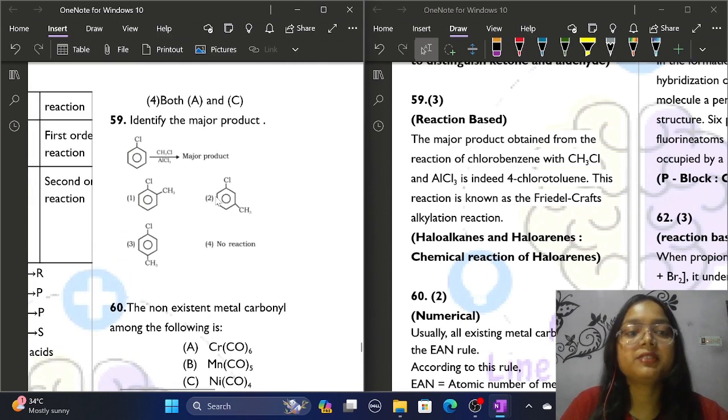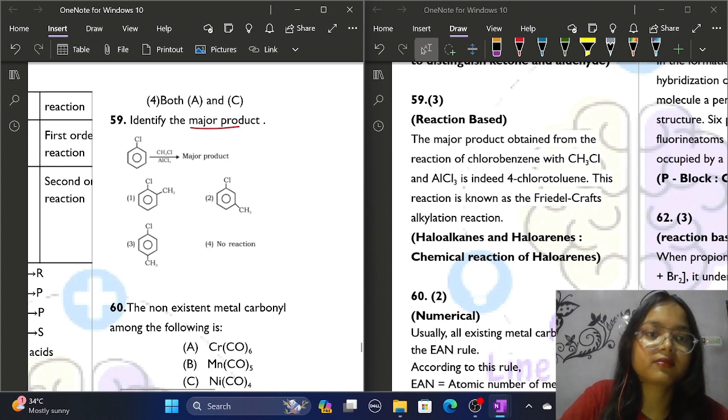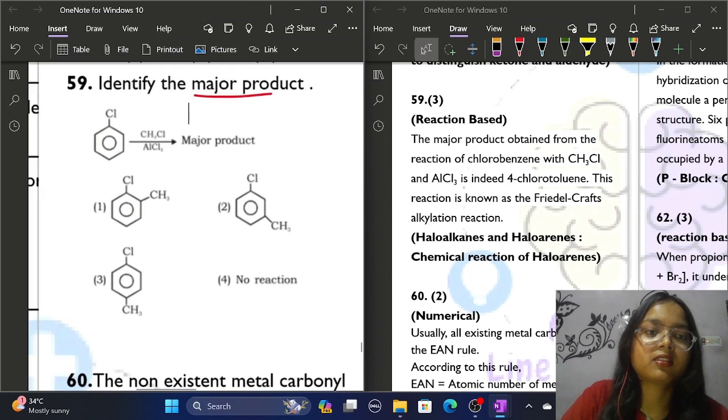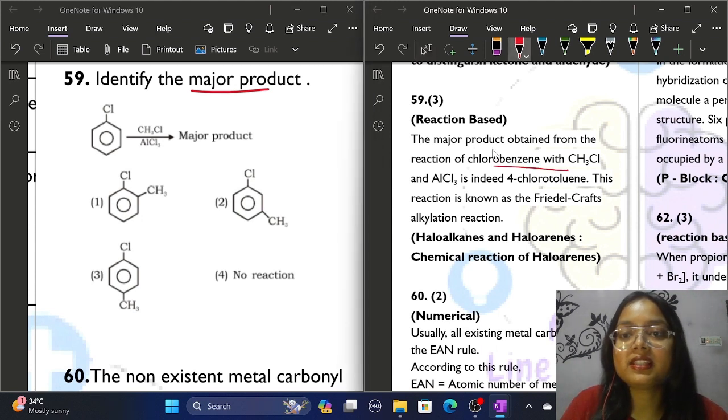So for question number 59, what is the major product in this reaction? This is chlorobenzene, and chlorobenzene reacts with CH3Cl and AlCl3. What will be the major product? The major product obtained is 4-chlorotoluene.